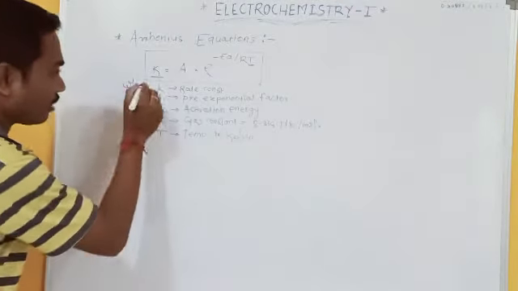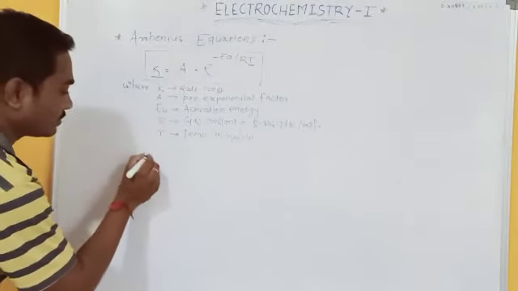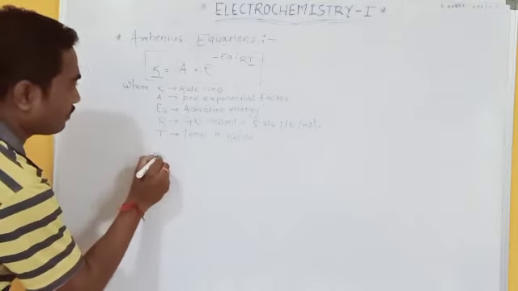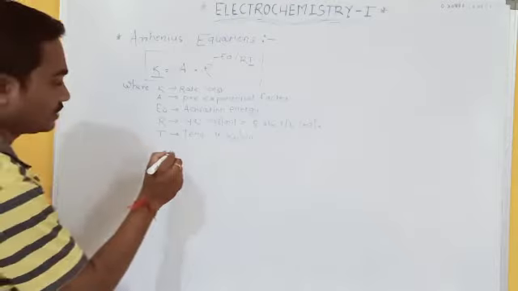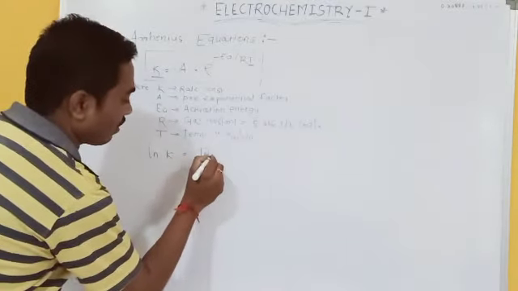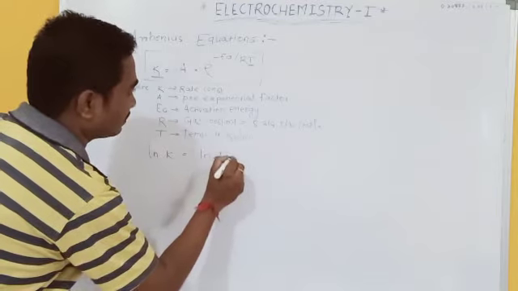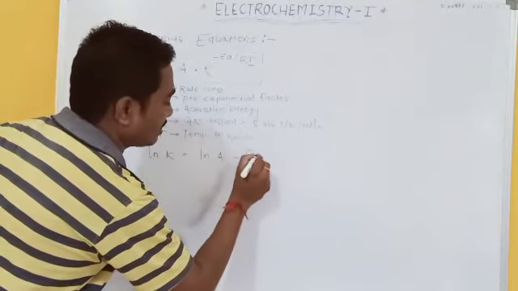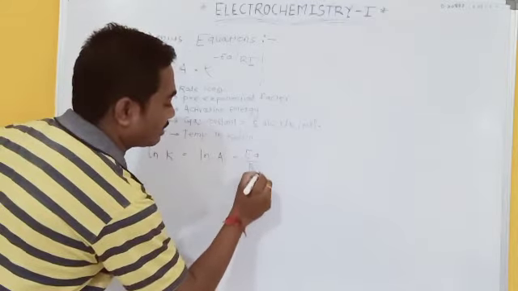Now apply a log to the above equation, then ln of K is equal to ln of A minus EA by RT.